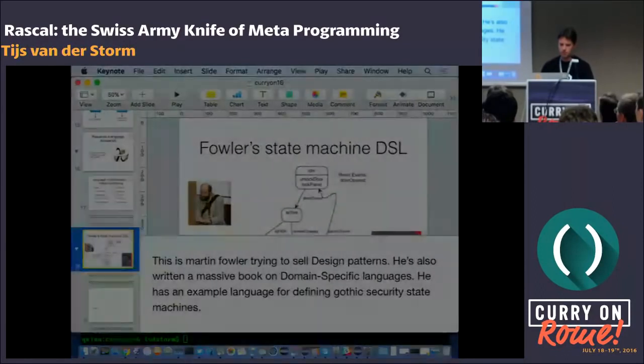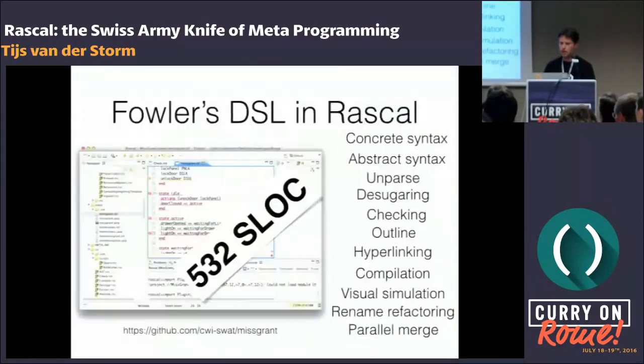Okay, so to conclude, I've not shown all the features of this DSL implementation yet, but basically defining the concrete syntax, the abstract syntax, an unparse function, desugaring, checking, outlining, hyperlinking, compilation, visual simulation, rename refactoring, also a parallel merge operation where you combine two state machines together, you can all write that down in around 532 lines of code.